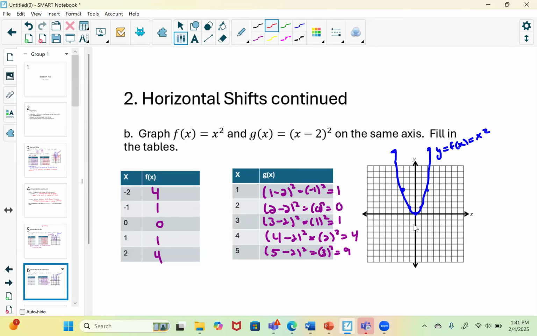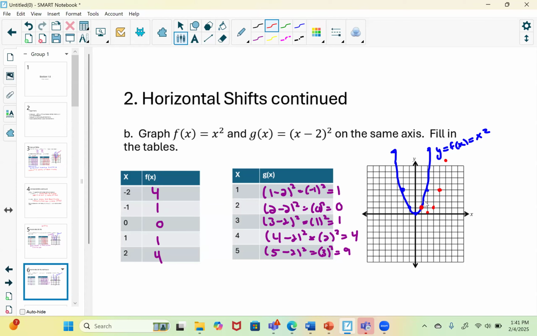And then in red, I'm going to plot my g of x, which is x minus 2 squared. So it's 1, 1, 2, 0, 3, 1, 4, 4, and then 5, 9.